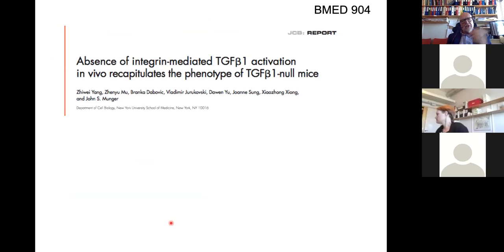And actually, the remarkable finding was that if you knock out integrins involved in TGF-beta activation, you have a phenotype that's reminiscent of mice that lack TGF-beta.